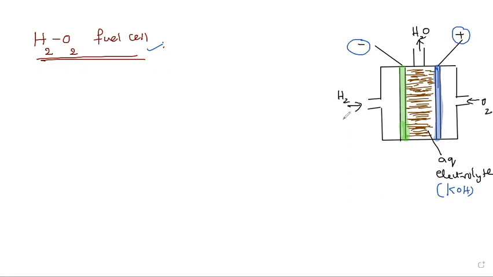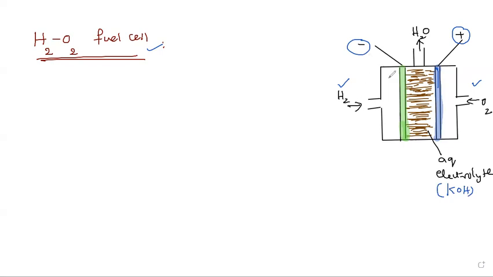In one direction we will pass hydrogen gas. In the other direction, we will bubble oxygen gas into the electrolyte through the carbon electrodes. The carbon electrode with the fuel H2 is the anode, and the carbon electrode in contact with oxygen is the cathode.